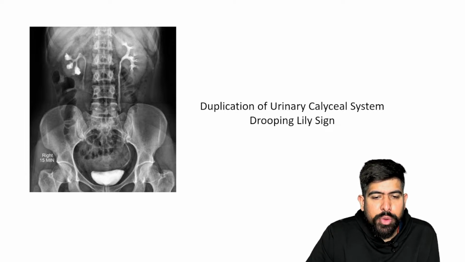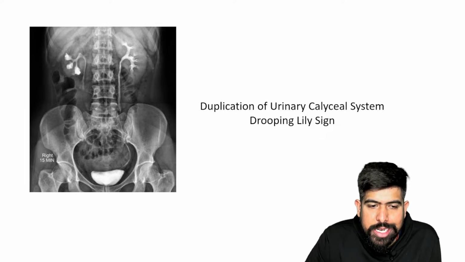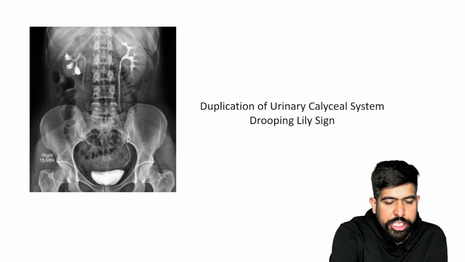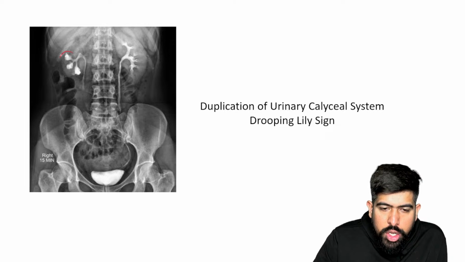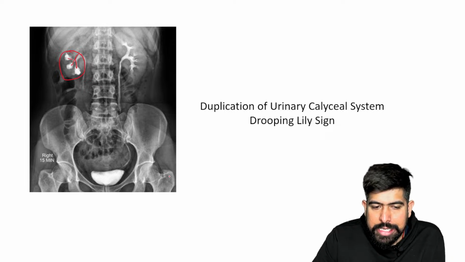This is the duplication of the urinary pelvicalyceal system. Drooping lily sign will be seen in this condition. So this is your drooping lily sign. Okay, it looks like that.